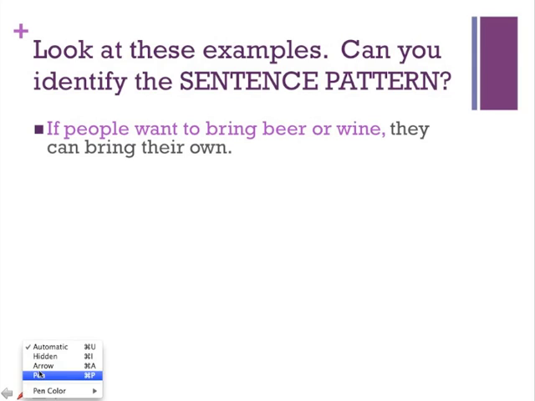Well, if we look carefully, we can see, first off, it's at the beginning of the sentence. It seems to be separated by a comma. There does seem to be another subject and other verb. So far it looks like it might be an independent idea, but then we notice that there is the word if, and that's why I highlighted it in purple, because this is not an independent clause, this is a dependent clause.